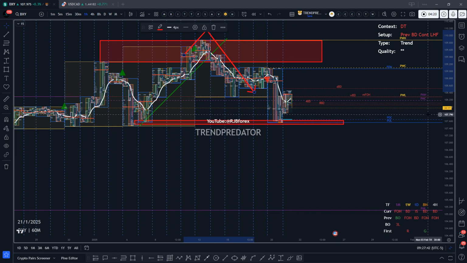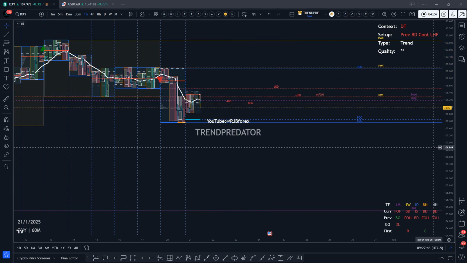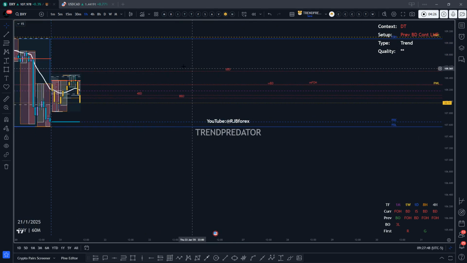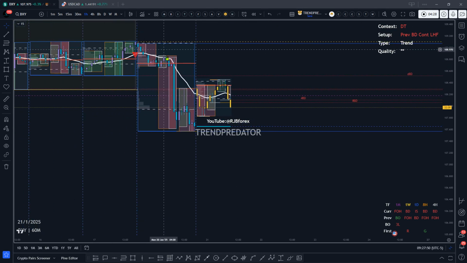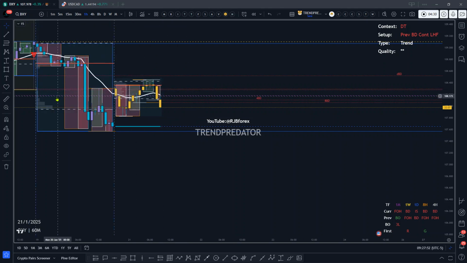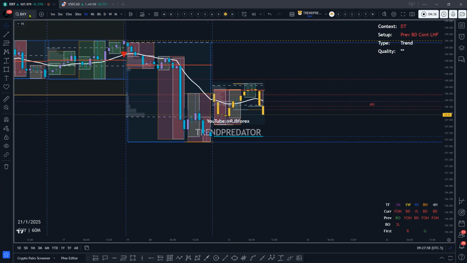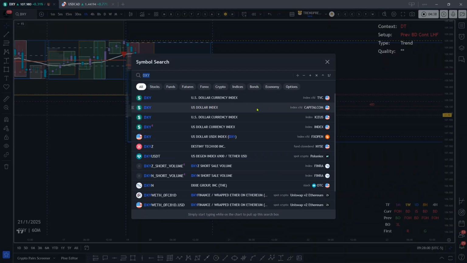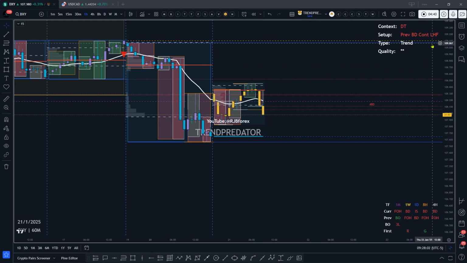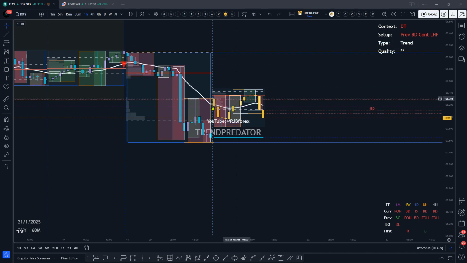So the dollar remains bearish, even though we're pumping up to some extent today. We're inside of yesterday's range. We gapped up. Volatility is rife. And I just want to make sure on the right chart. Yes, I prefer the capital DXY.